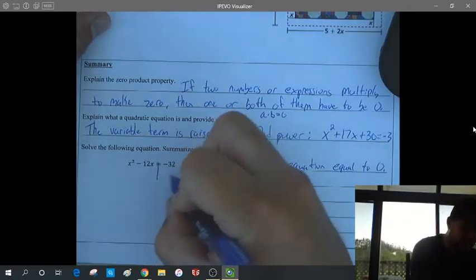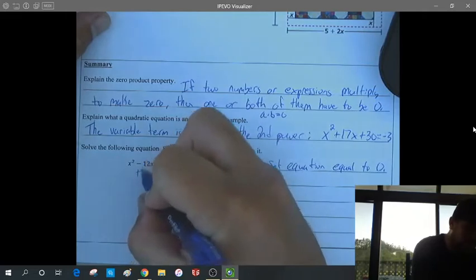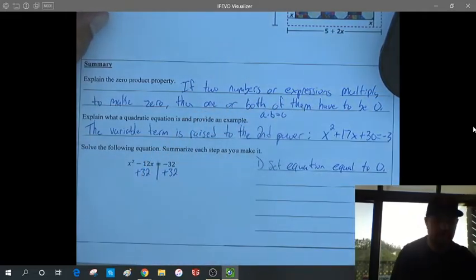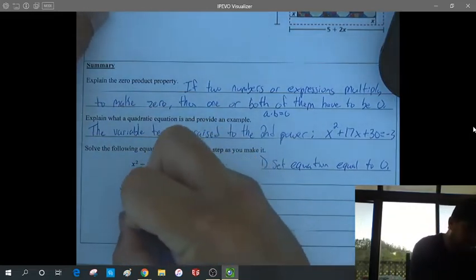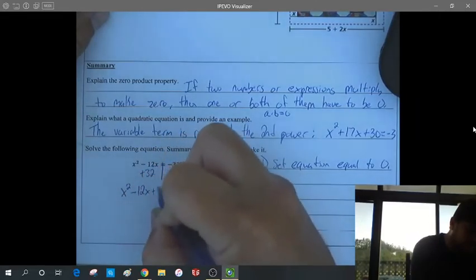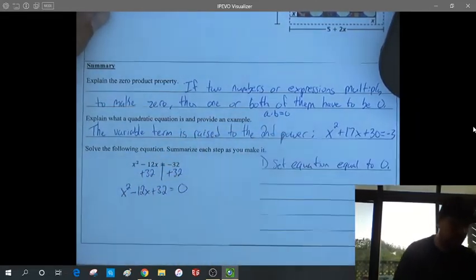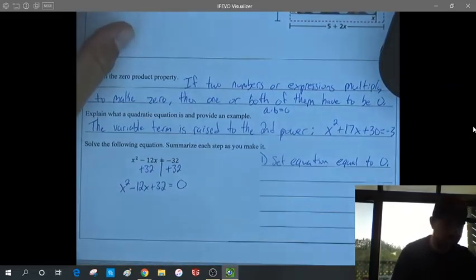Again, to do that, I move any terms that are by themselves on one side over to where the rest of the terms are at. You don't necessarily have to move everything to the left side. It's fine to move everything to the right side as well, as long as it's set equal to 0. So we've got x squared minus 12x plus 32 then will be equal to 0. I had no other constants on that side to add it to, and they're not like terms with the others.